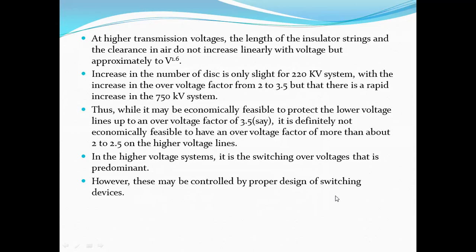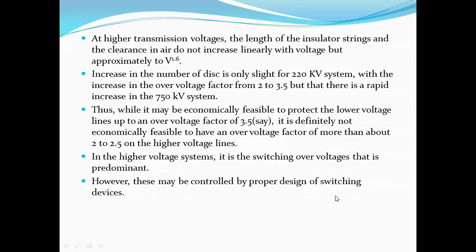So when the transmission line voltage is very high, the length of the insulator string and the clearance in air, they both are not increasing linearly with voltage, but they change with V raised to 1.6, right?